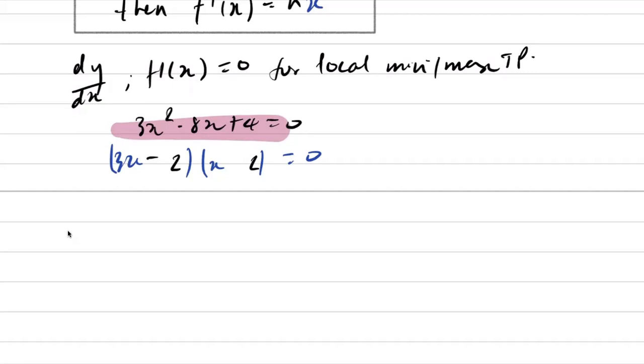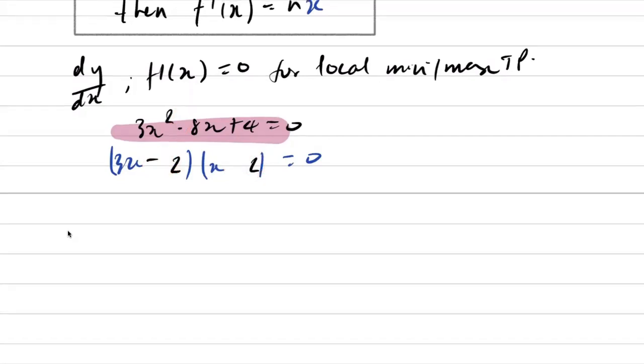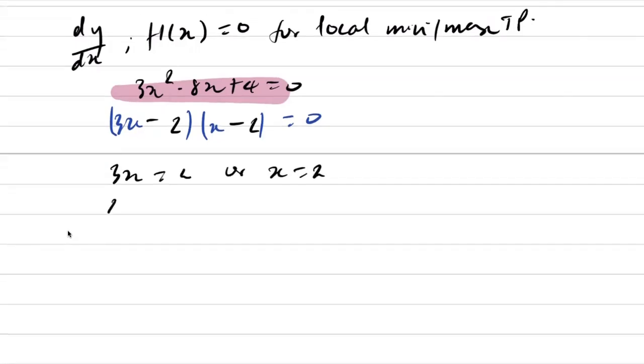I'm going to put a minus because the middle term is a minus, so both factors should be minus. Negative 2 by negative 2 gives a negative 4. So 3x minus 2 equals 0 or x minus 2 equals 0. So x equals 2 over 3, or x equals 2. Now these numbers are the x values of the turning points.